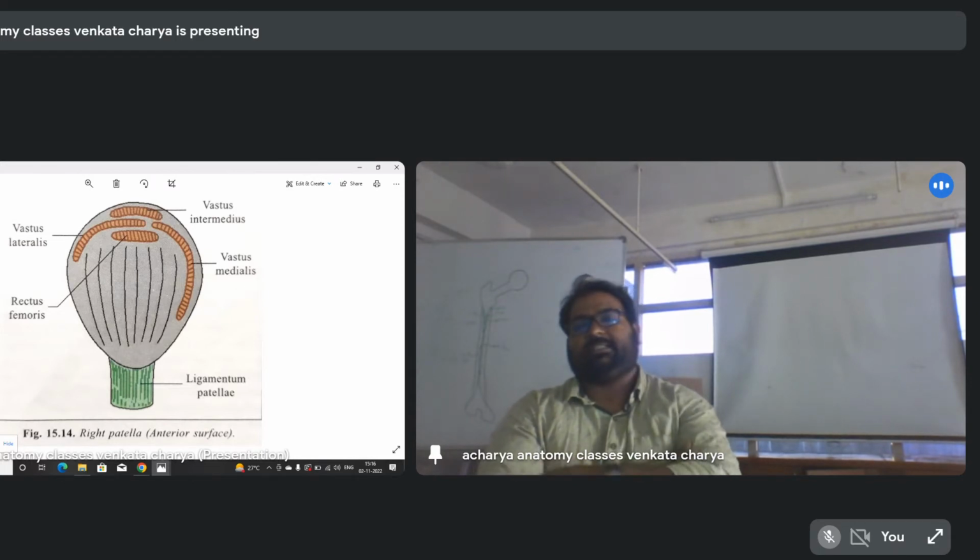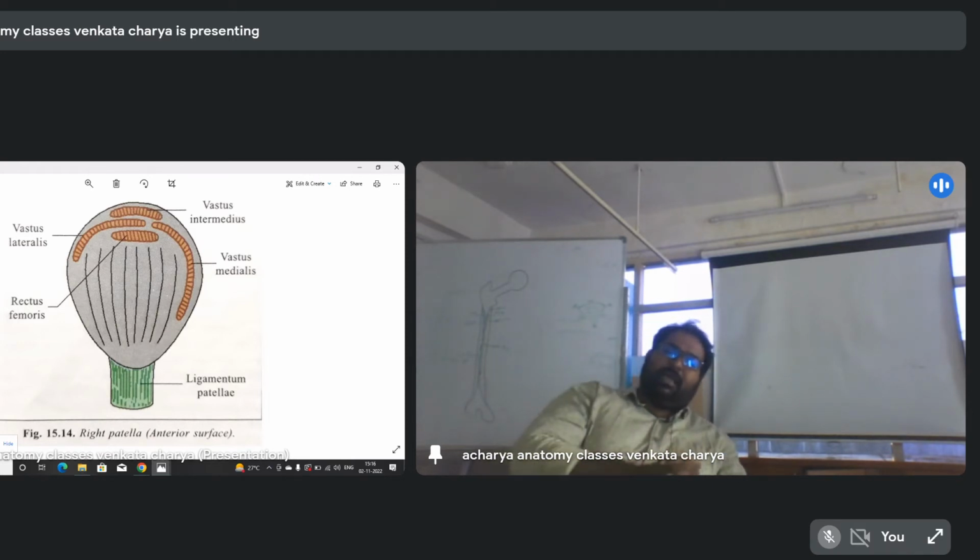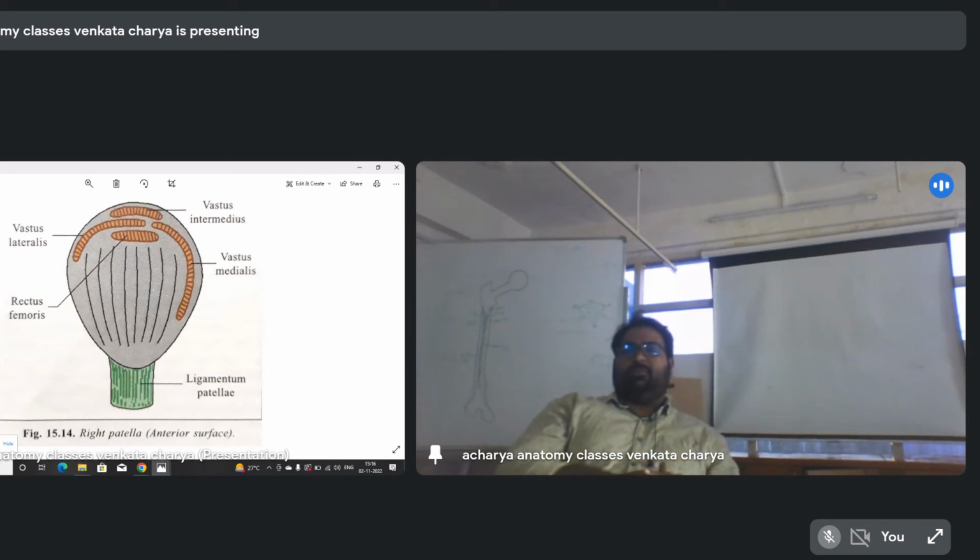First, apex. In the apex, there is attachment of ligamentum patellae. Next, come to the base. Base is directed above.